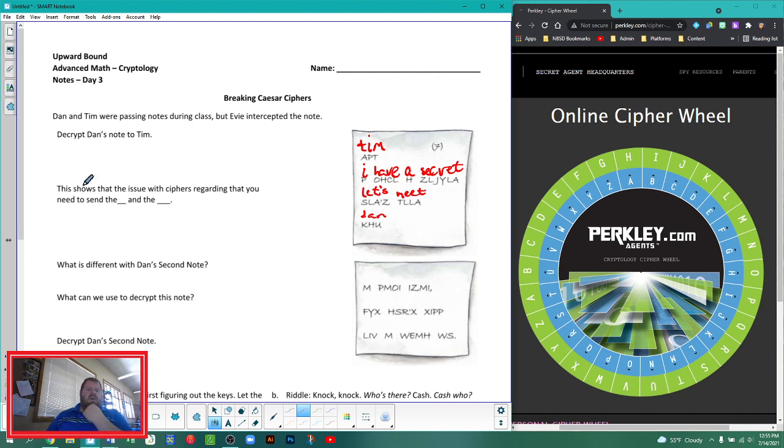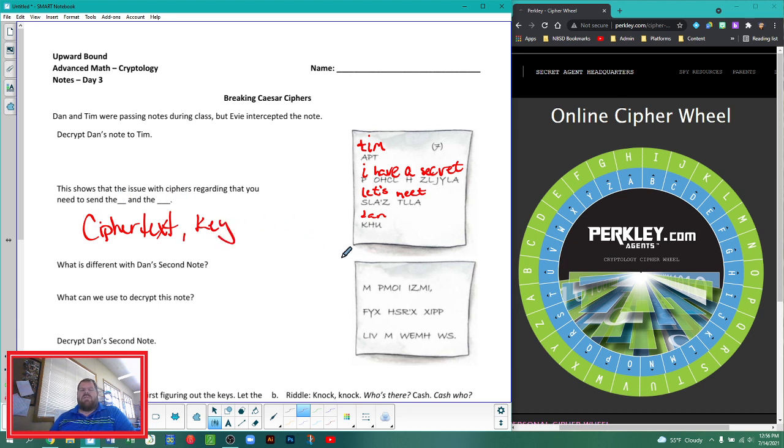So decrypting this it gives us some kind of issues that Evie just stole this note, and Evie, having the knowledge that we have, can figure out what the note says. It shows the issue with ciphers regarding that you need to send the ciphertext and the key.